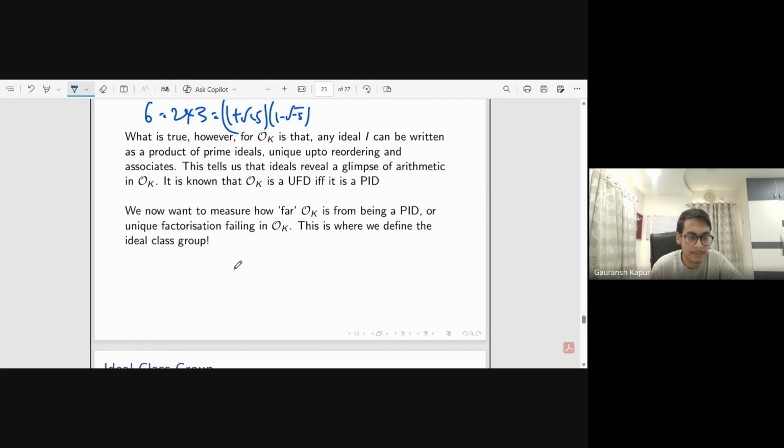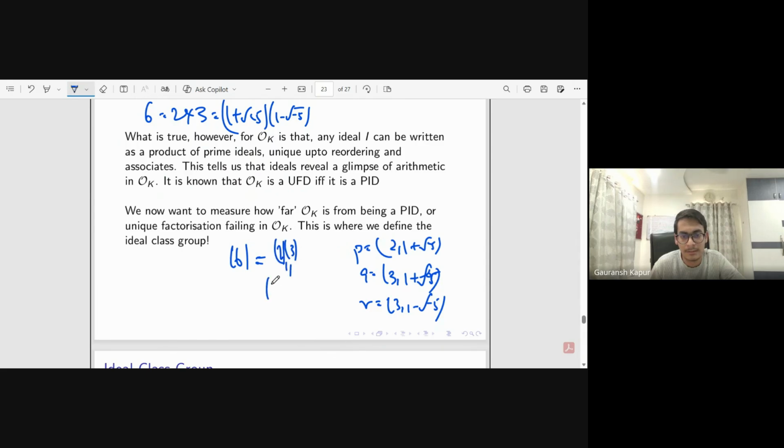But if we try to factorize the ideal 6, then take p to be the ideal (2, 1 plus root minus 5), q to be (3, 1 plus root minus 5), and r to be (3, 1 minus root minus 5). Then you can check that this factorization, 6 equals this times this and this times this, is actually equal to, so this is actually p square. So when you square this ideal, you get the ideal generated by 2, and if you do q times r, the ideal generated by the product of these two, then you get 3.